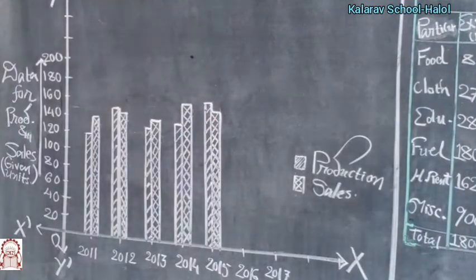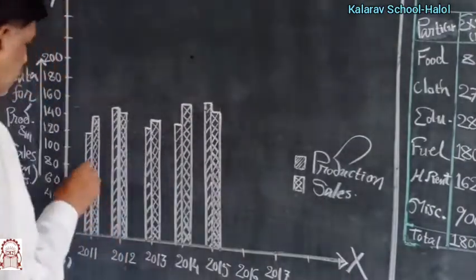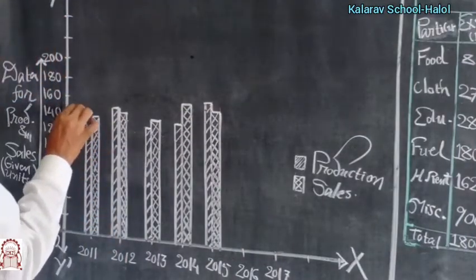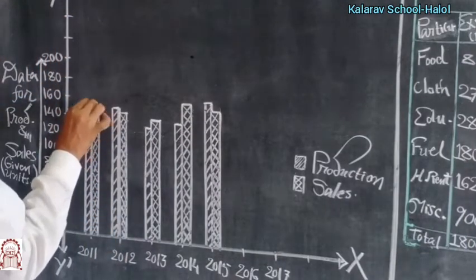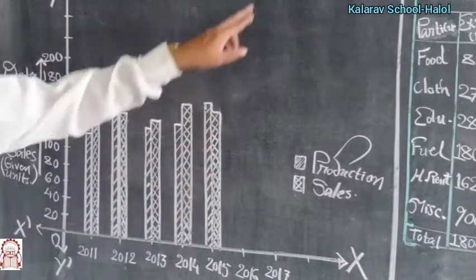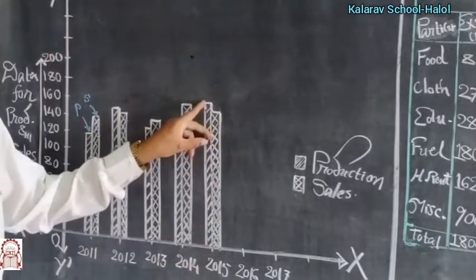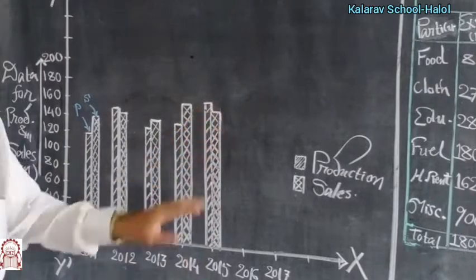P means production and S means sale. See, this column is for production, this column for sale. In the same way, 160 for production and 150 for sale.